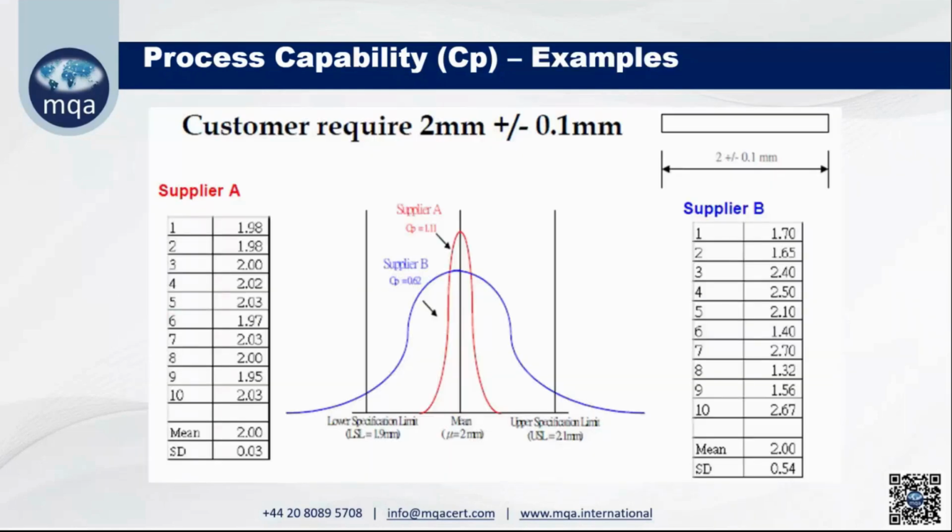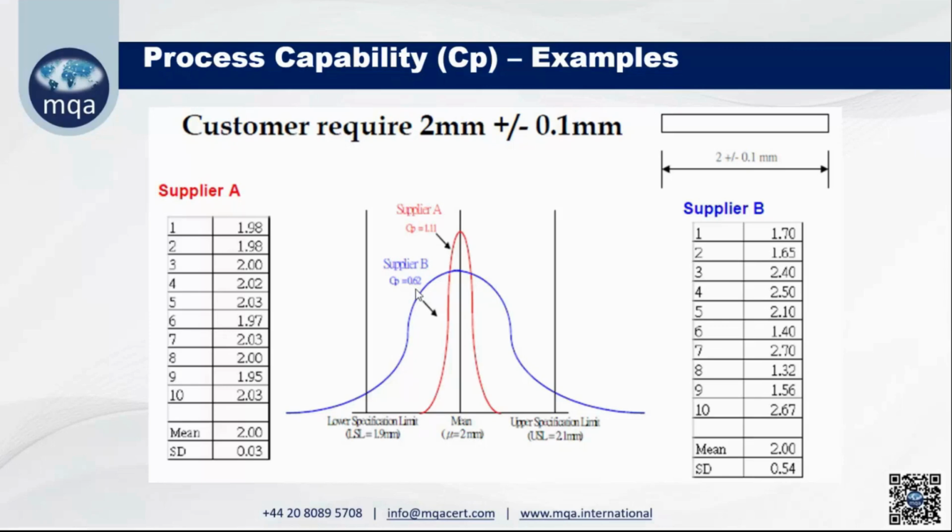The customer requirement, for example, is 2 mm plus minus 0.1. This is the tolerance. So the mean is 2, with 2.1 as the upper specification and 1.9 as the lower specification. Now we can compare the readings of two suppliers.